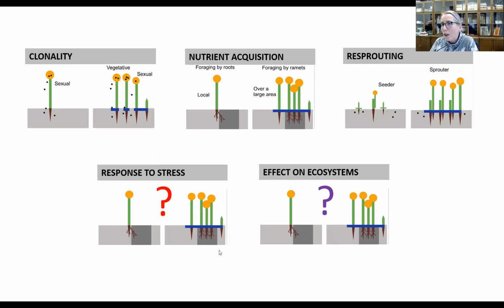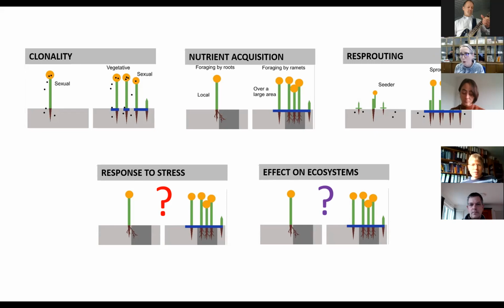Of course, these organs play a role in response to stress, but we know only little about this, and they surely play a role in effects on ecosystems. I will now show you examples from each of these functions, what we know. Sometimes it's randomly selected examples and more of them exist. Sometimes it's only one thing we know about the whole topic.